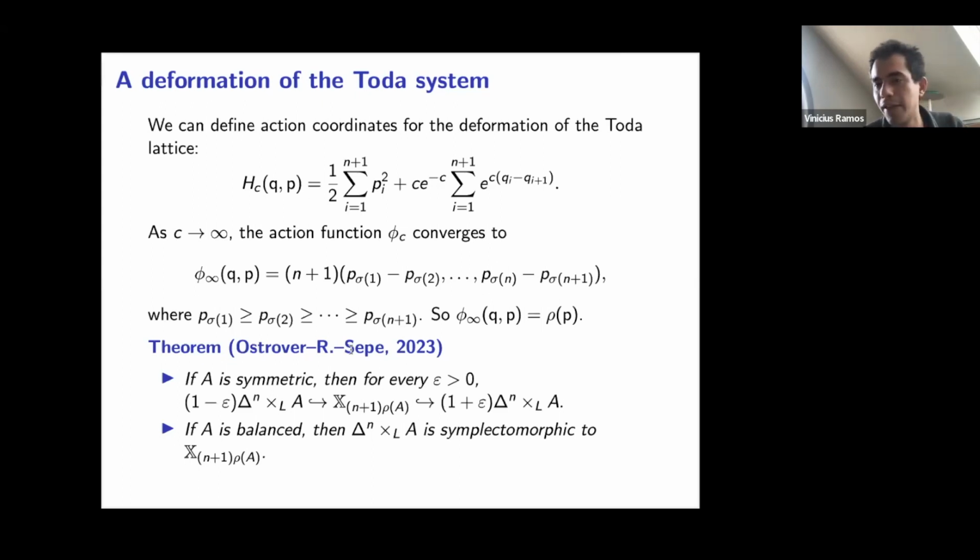That uses the Gromov and Seiberg-Witten invariants and all that kind of stuff, the technology that she developed in the 90s for symplectic embeddings. So you can prove that the square times the diamond is symplectomorphic to a ball.